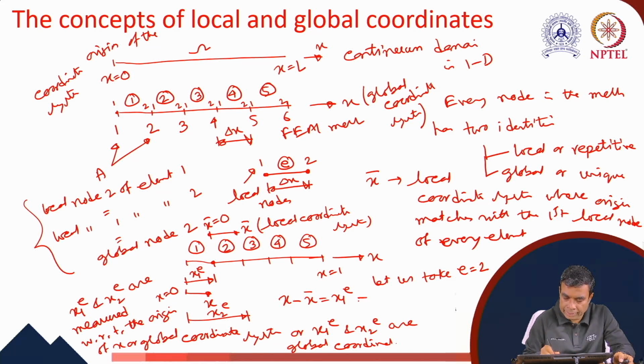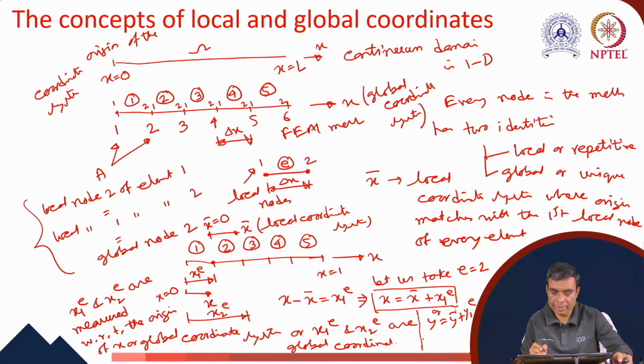So we get a transformation formula x equals to x bar plus x1e. Similarly, we can write y equals to y bar plus y1e if we want in the y direction or in the vertical direction.